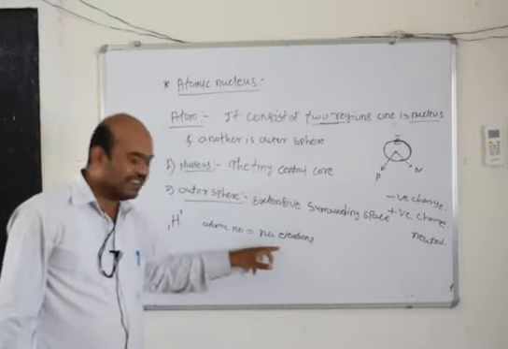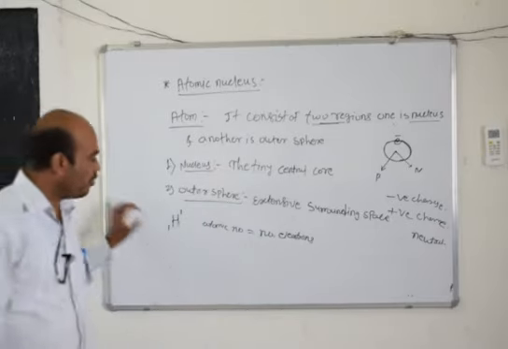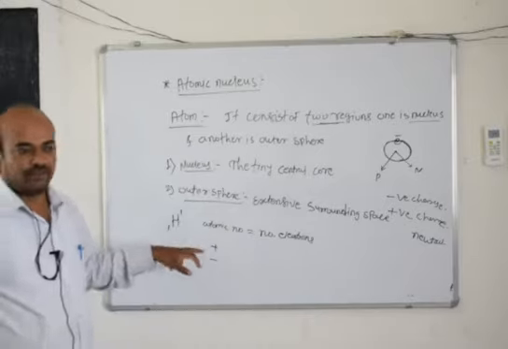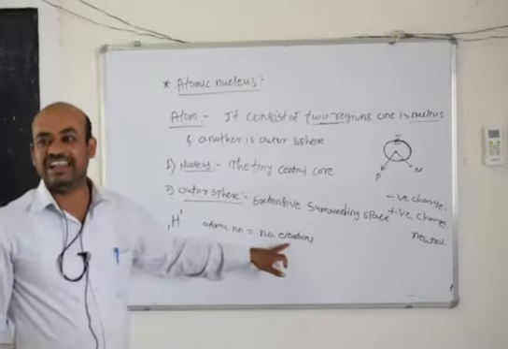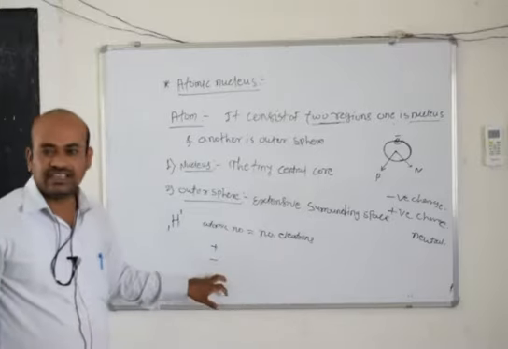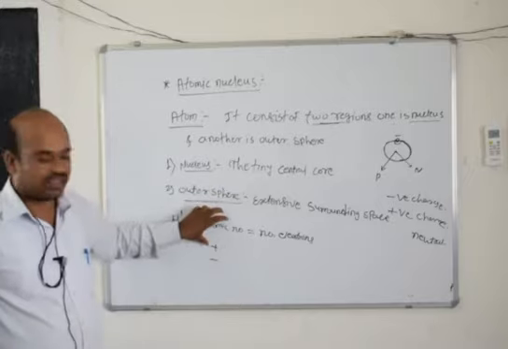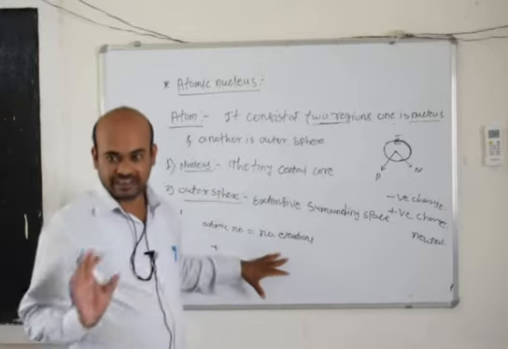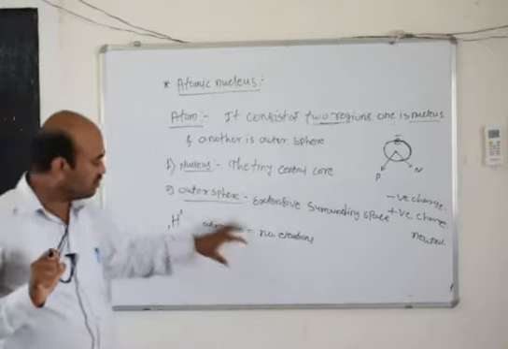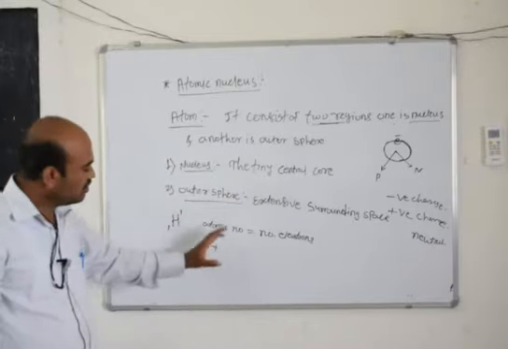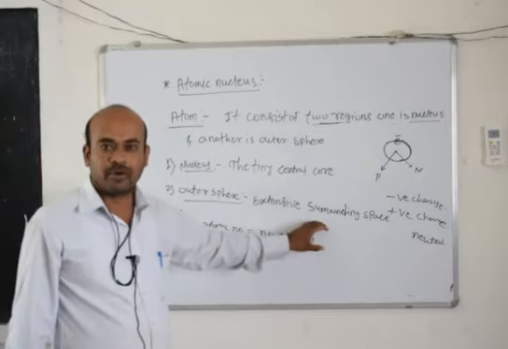If there is a plus one charge, then one electron is less; with a minus one charge, one electron is added. So the atomic number is equal to the number of electrons in a neutral element.